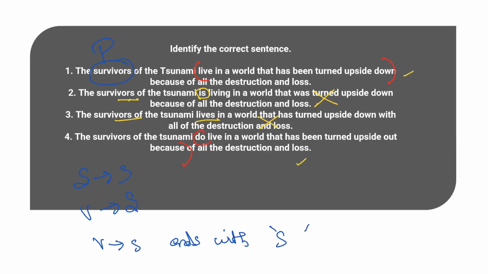Okay, now let's check that. So survivors of tsunami live in a world that has been turned upside down, and here it is: they do live in a world that has been turned upside out. Okay, so it's a phrasal verb error. Upside down is the right preposition, whereas upside out is the wrong preposition.